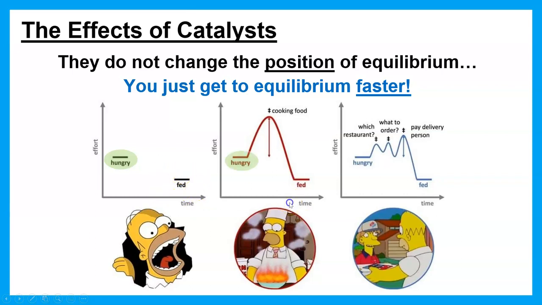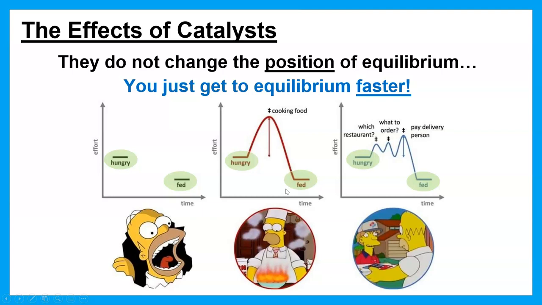And in each of these scenarios, we are starting and ending at the same places. It's just a matter of what route do we take to get there. So if you're going to cook your own food, that's a lot of time, that's a lot of effort, that's a lot of energy.